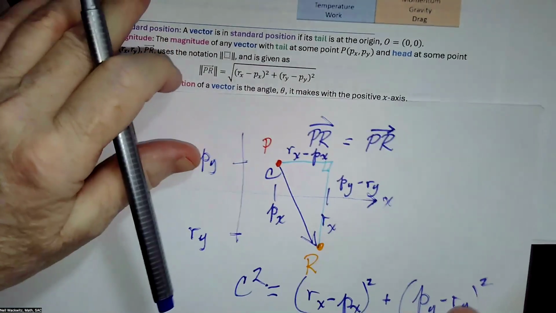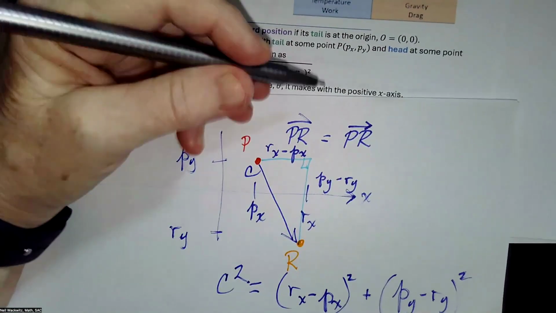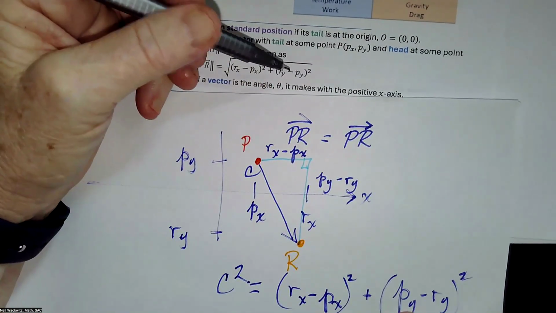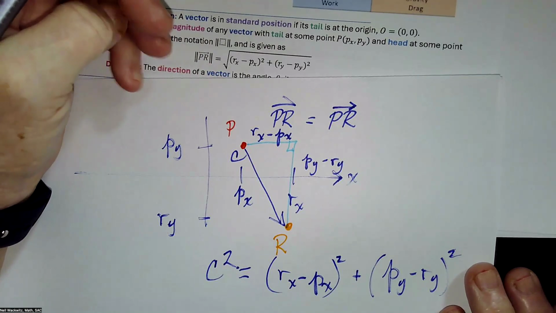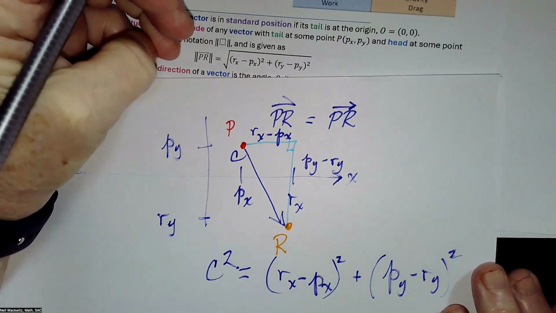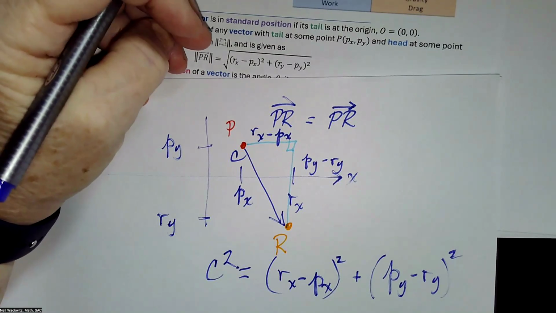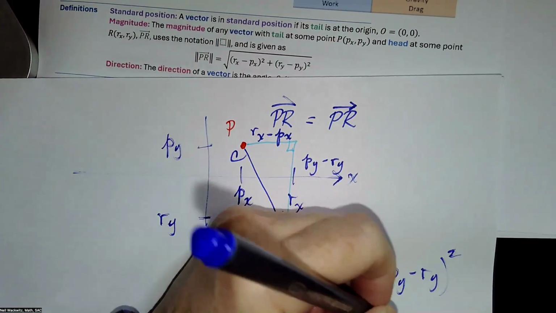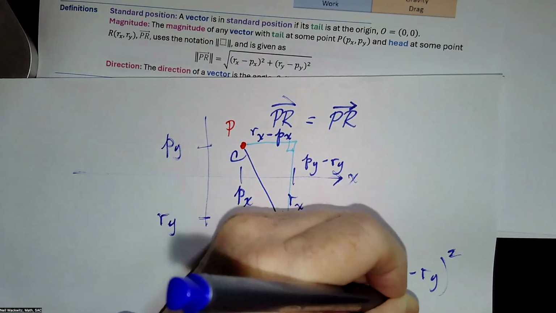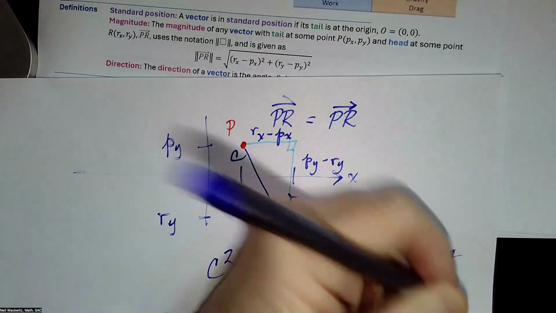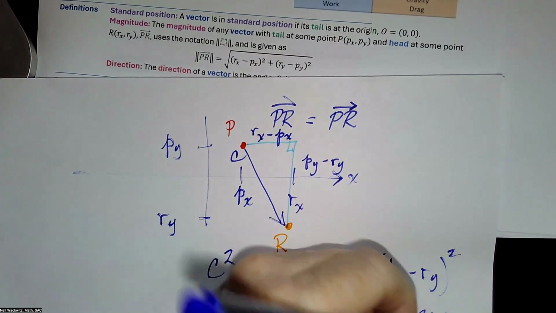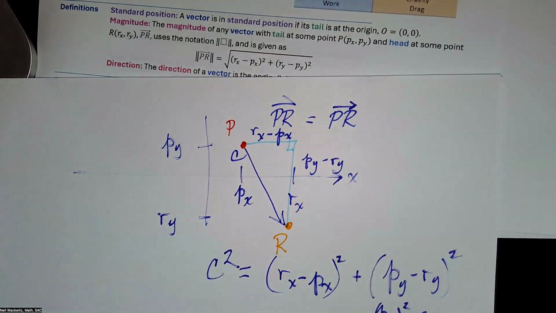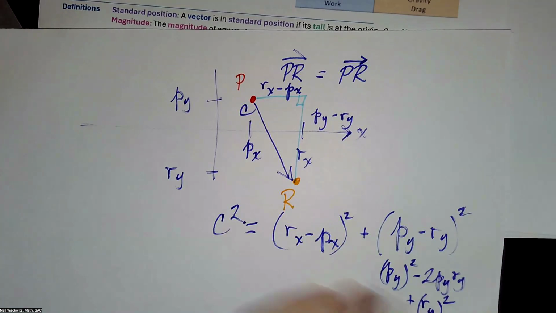Oh no, we had the wrong order here. But why is it okay? If we're squaring, why does it not matter what order we have? Because it'll stay the same. That's right. So here we'd have P sub y squared minus 2 P sub y R sub y plus R sub y squared. So we'll get the same thing regardless of which is first and which is second.